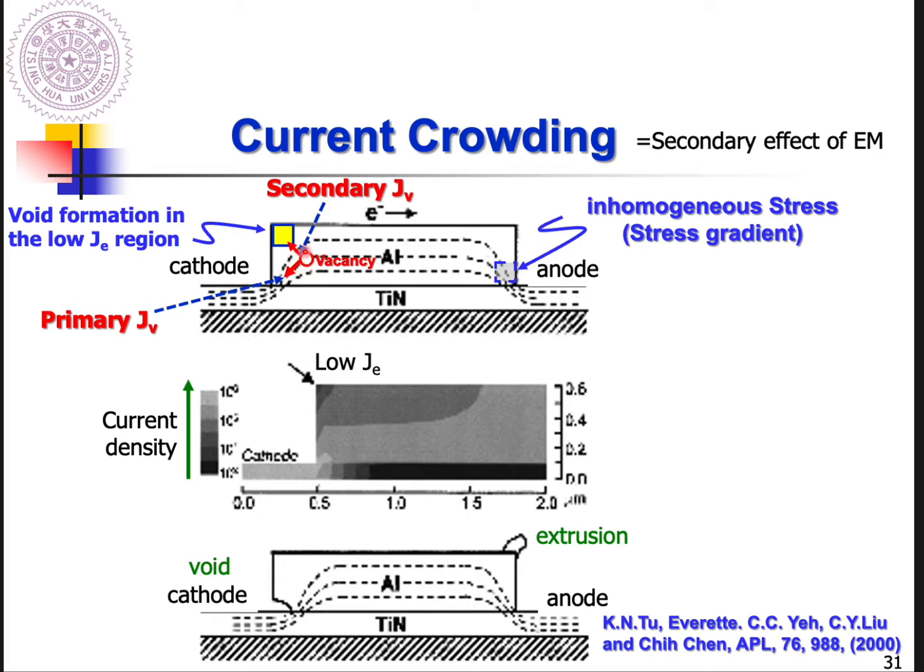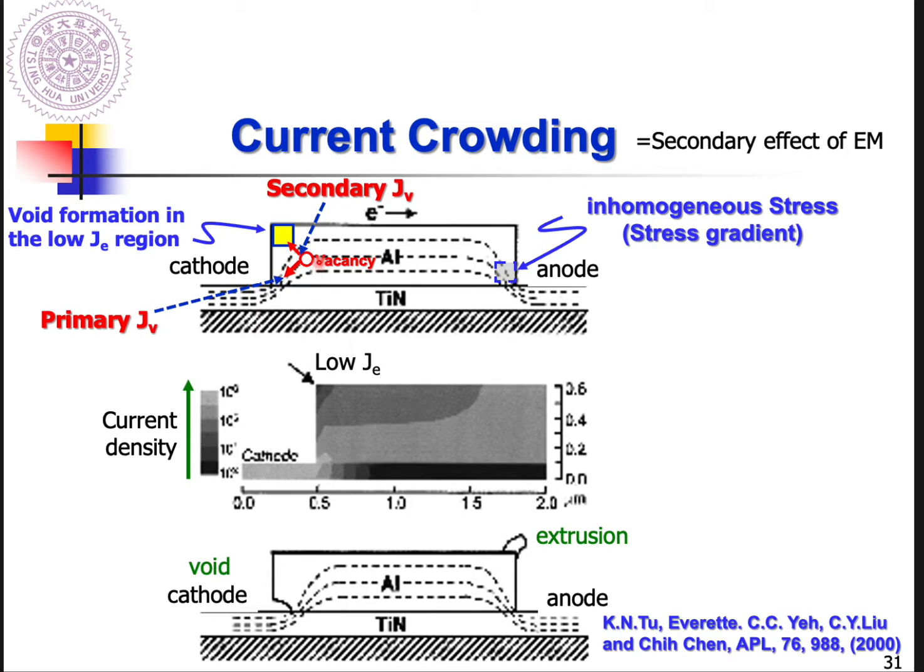The vacancy now is located in the middle of the electron flow. So most vacancies will be pushed by the electron flow, but some vacancies will be pushed toward the region with low current density. Why? You can think about that.